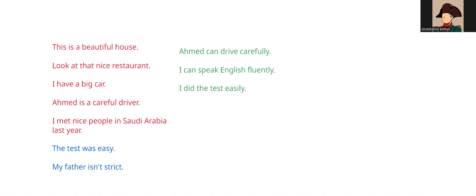The adverb ends with ly. Most adverbs end with ly. But we have other adverbs that are irregular, like my brother can swim well. We can't say my brother can swim good. No, swim well. So good is an adjective. The adverb, well.